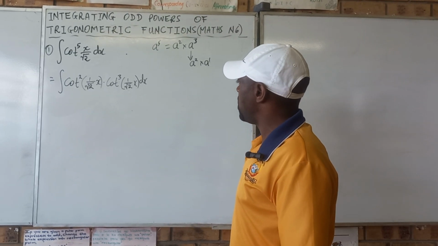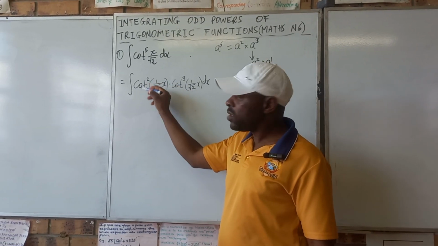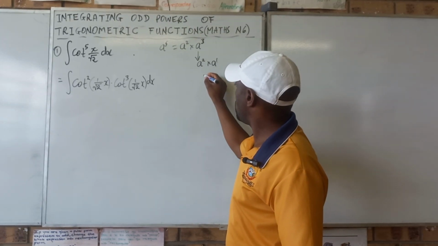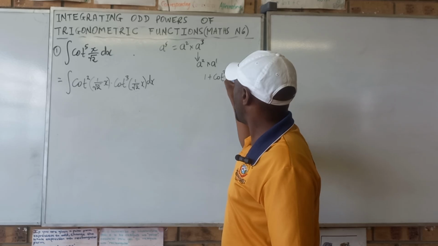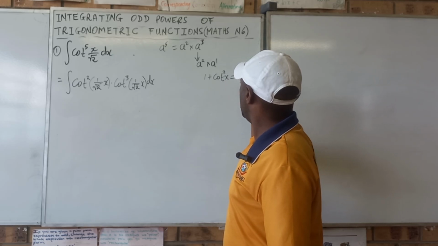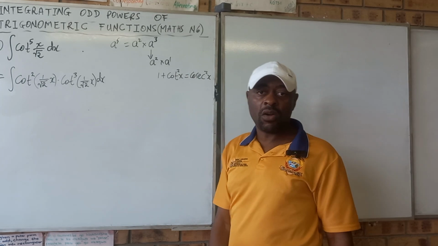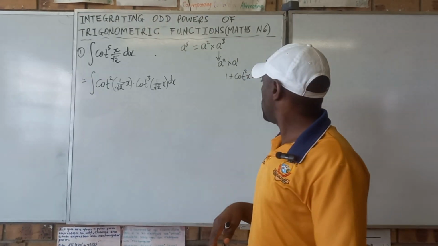Then after that, I need now to look for a formula for cot squared. So for cot, just like tan, there is only one formula for cot squared, which is coming from formula number 3, page 1 of the formula sheet. So if I need cot squared, I use this formula and make cot squared the subject. Whether I'm working with even powers or odd powers, it doesn't matter.